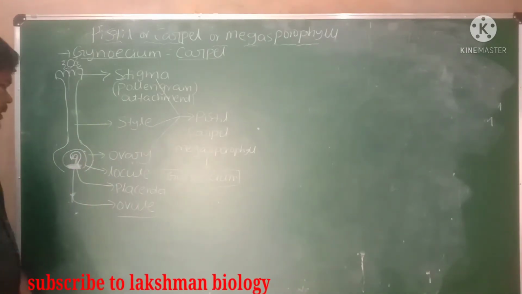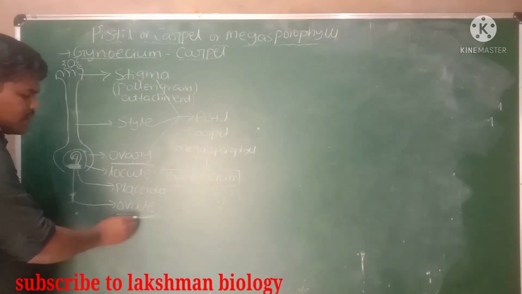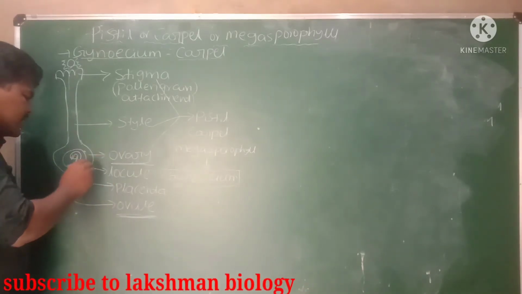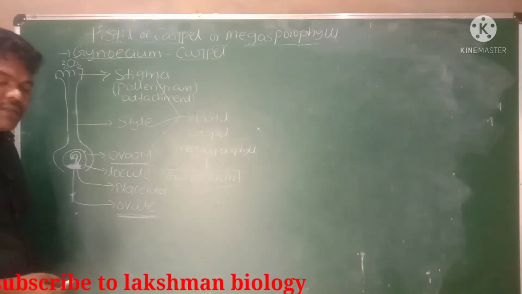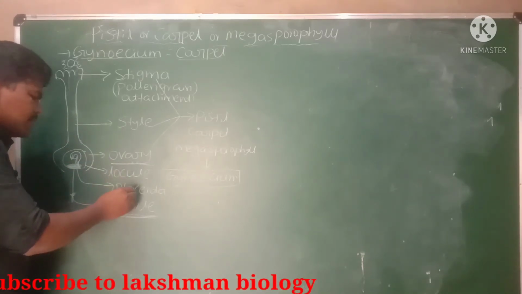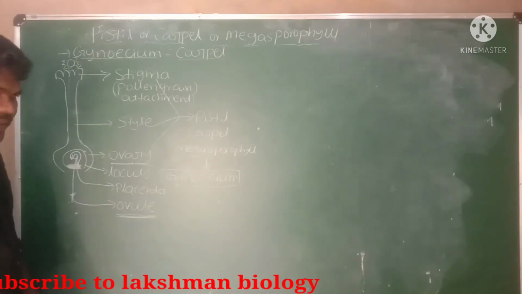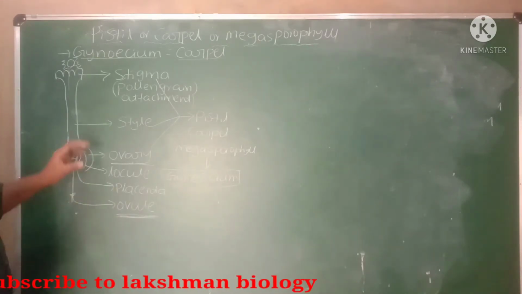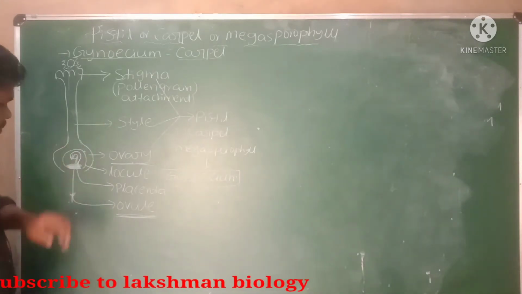Inside the ovary, we can see the ovule. Each ovary contains chambers, one or more than one. Each chamber is called locule. The ovule is attached on the placenta in the locule. Then inside the ovule again we can see the embryo sac, that we will see later. That is about the pistil or carpel or megasporophyll.